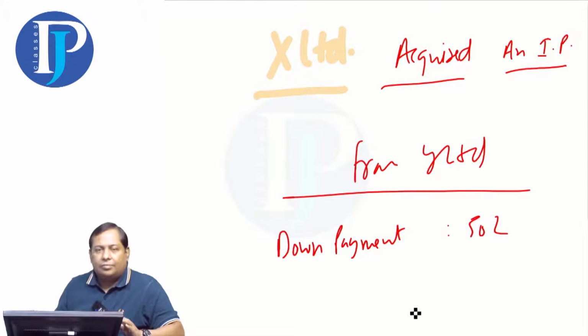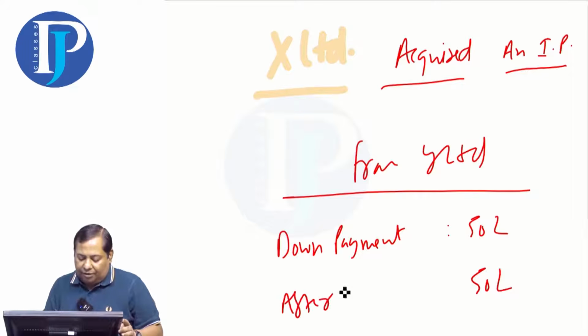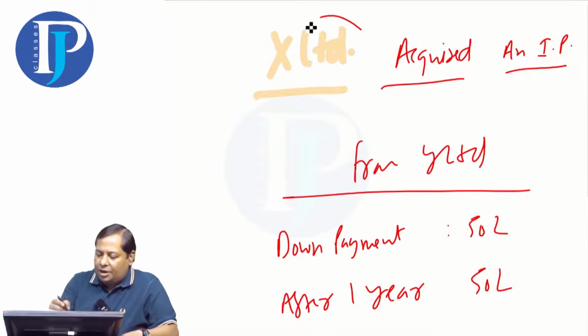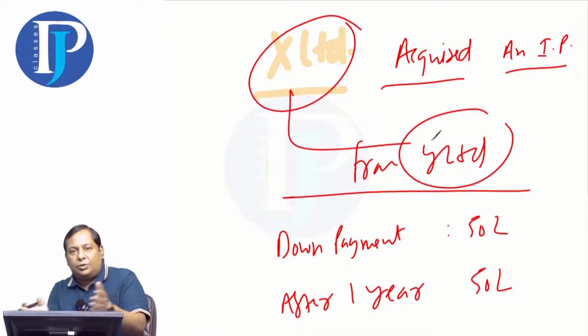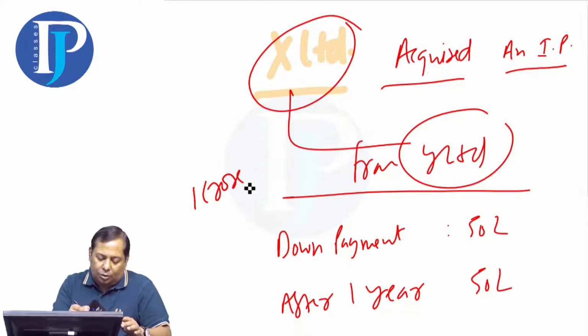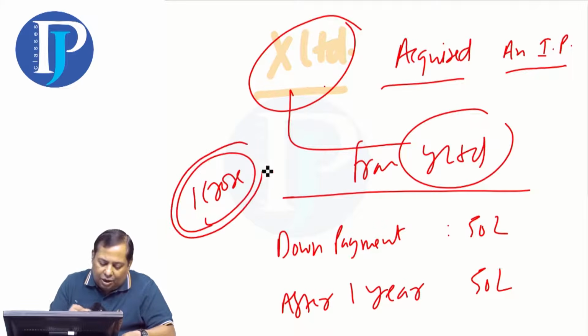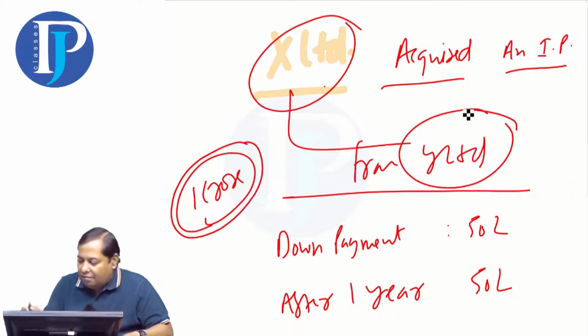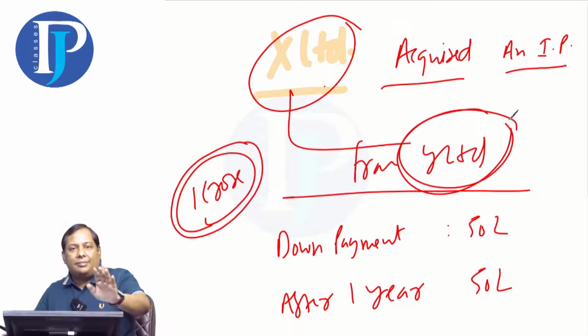And the remaining 50 lakhs will be paid to you after 1 year. This means that they have made the deal between themselves. The deal that they have made between each other, it will be worth 1 crore rupees. We can say that X has purchased a building for 1 crore rupees and Y has sold the building for 1 crore.